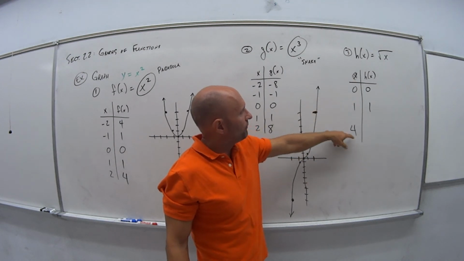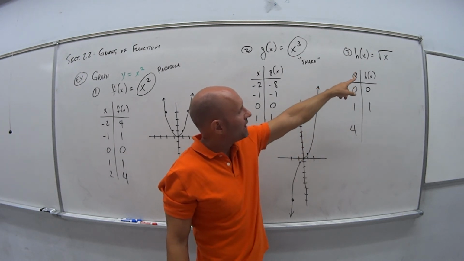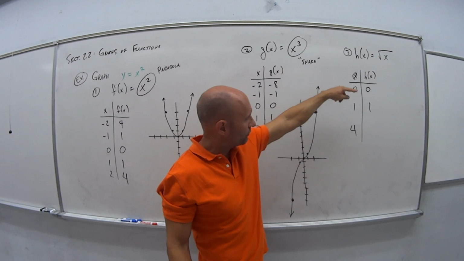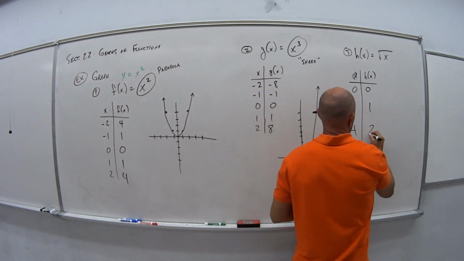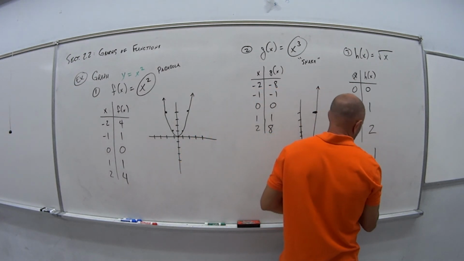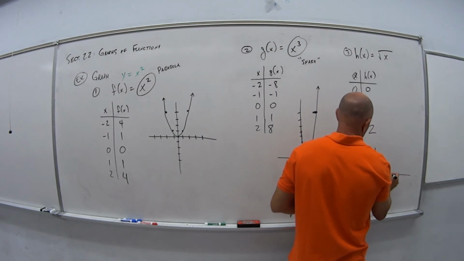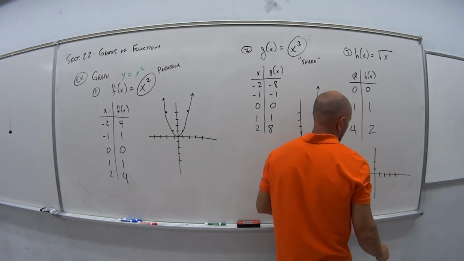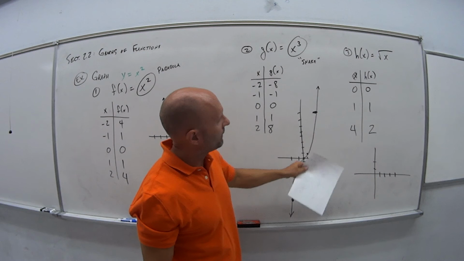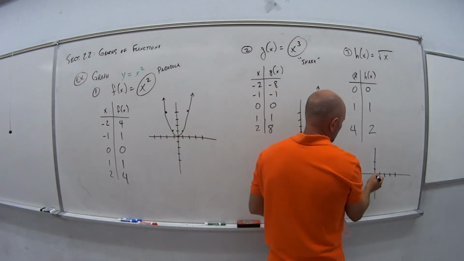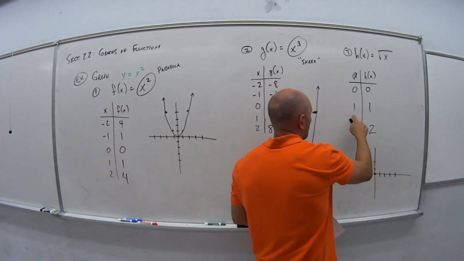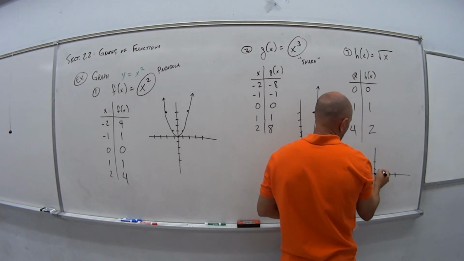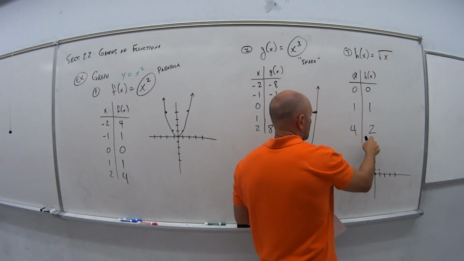But if I plug in 4, if x is 4, h of x, or my y value, is square root of 4, which is 2. So now if I plot these points, 0, 0 is the origin, 1, 1, so 1 to the right, 1 up, 4 to the right, 2 up.